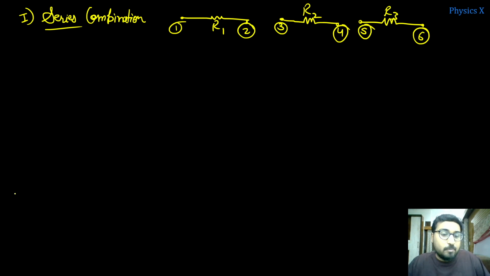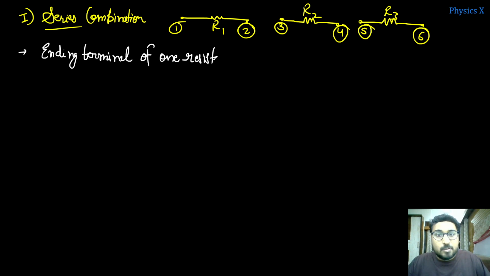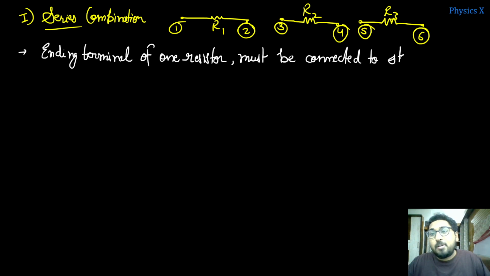Suppose the connection pattern of this is going to be like this, right? The ending terminal of one resistor must be connected to the starting terminal of the other, right?